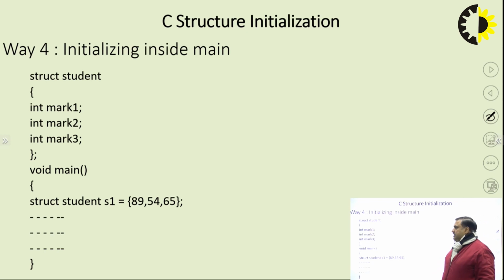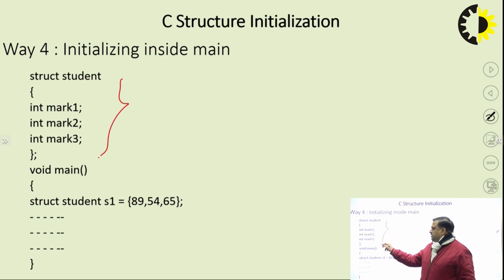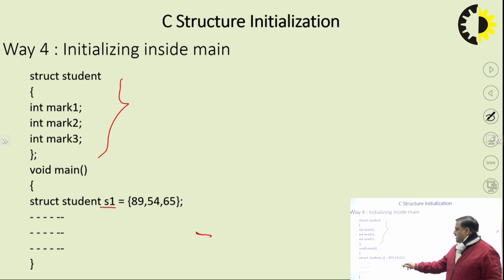We can initialize them inside the main also. Here this is declared, no member is created here. We have created a member inside the main, and we have given values. So this is another way of initializing members of a structure. So these are the different ways of declaring and initializing a structure.